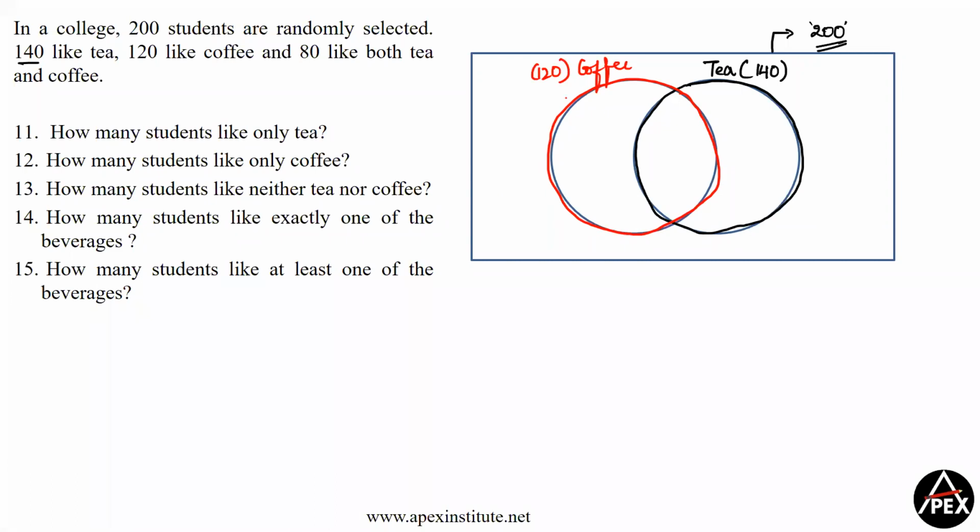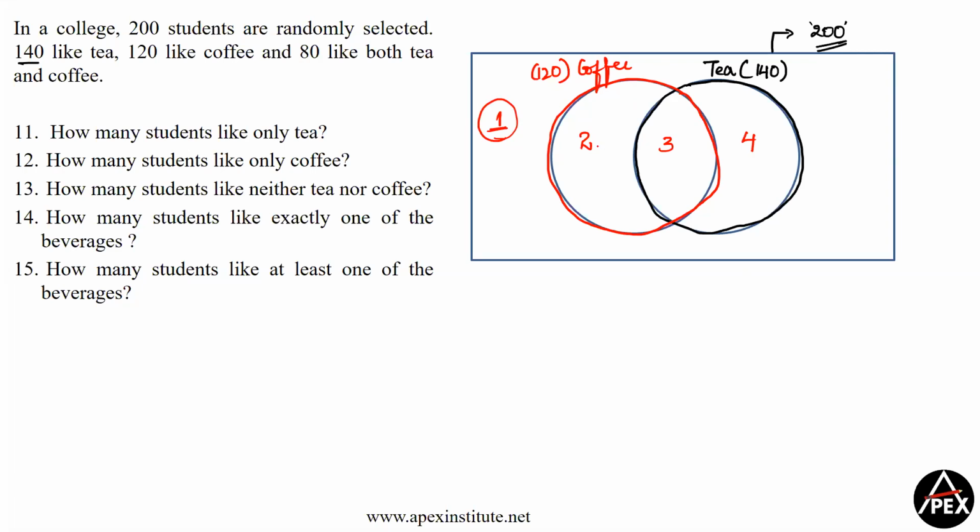Now if you observe, I can divide this Venn diagram into 4 regions. This is 1, this is 2, this is 3, and this is 4. Now tell me, what does region 1 indicate?